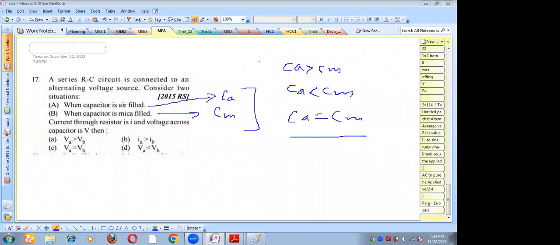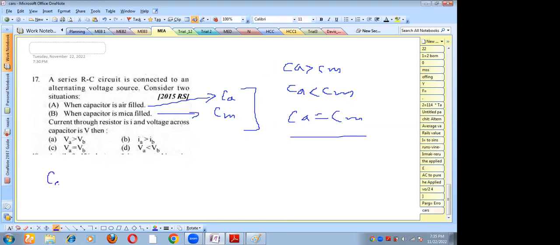Why one? You are saying CA is greater than CM. Why? Whenever you fill a capacitor with a dielectric, we know what happens to capacitance.